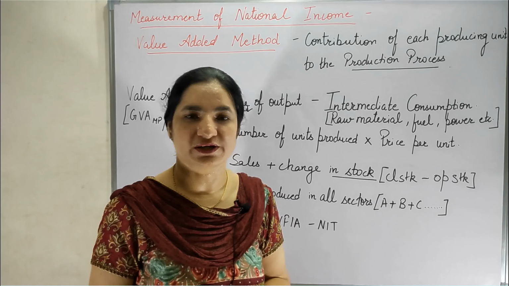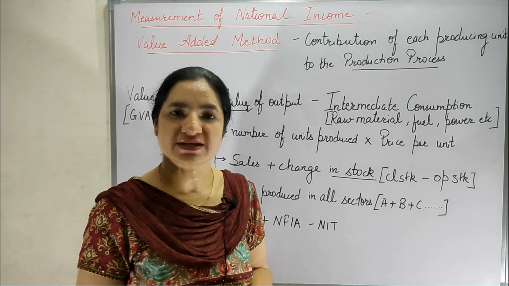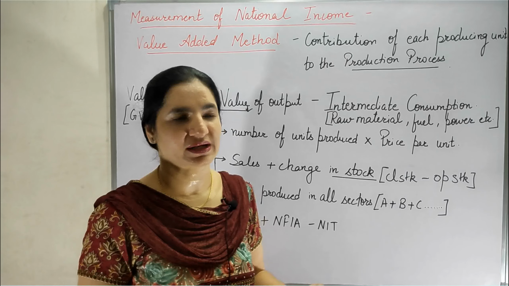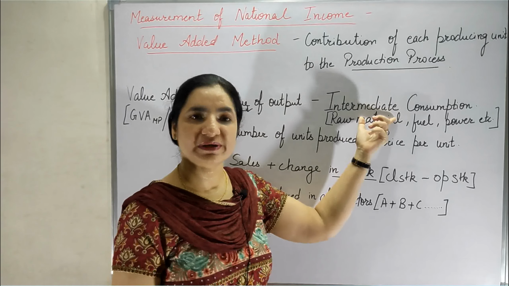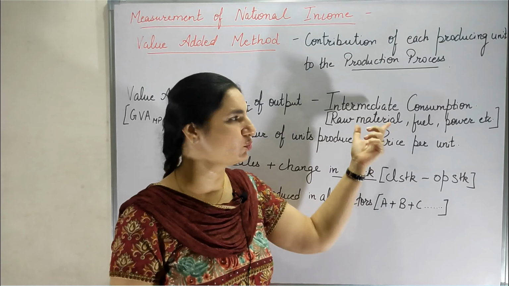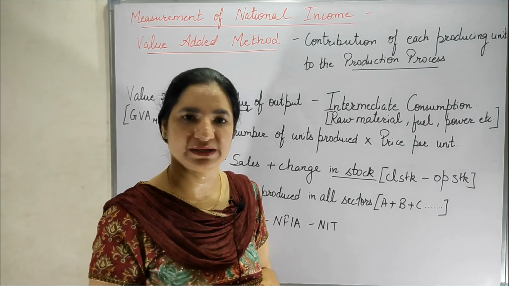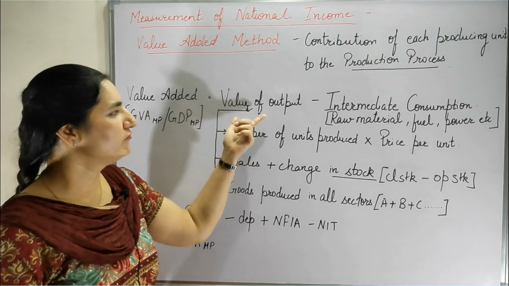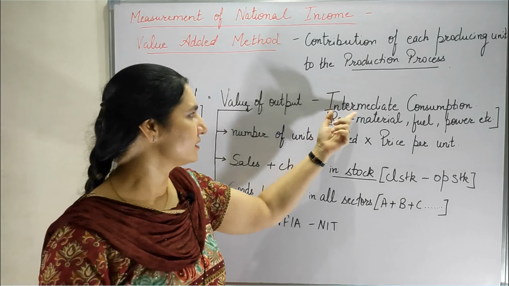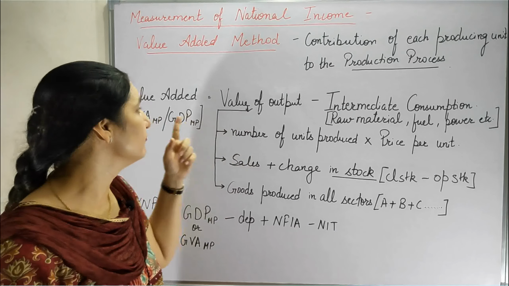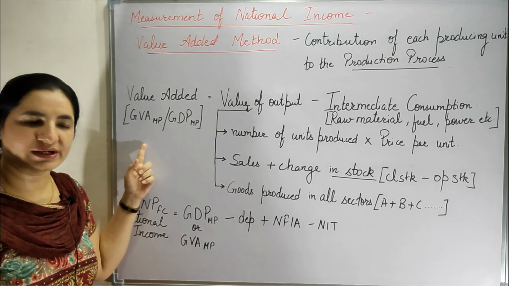We need nails, it will be a raw material. If electricity is utilized, it will be a raw material. So all kinds of intermediate consumption are to be included to arrive at the value of intermediate consumption. Then when we deduct intermediate consumption from value of output, we will arrive at gross value added at market price.